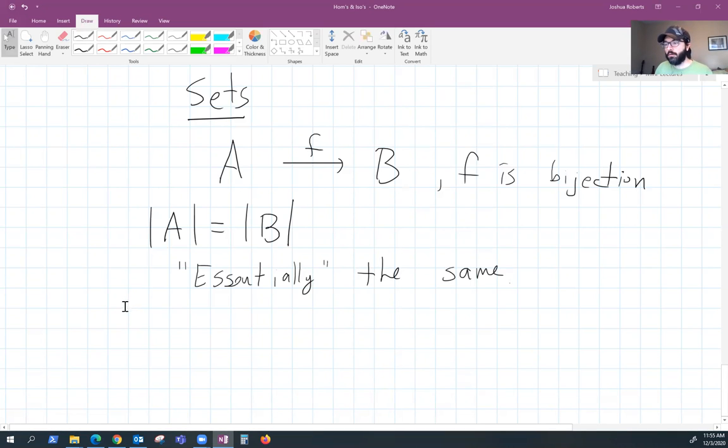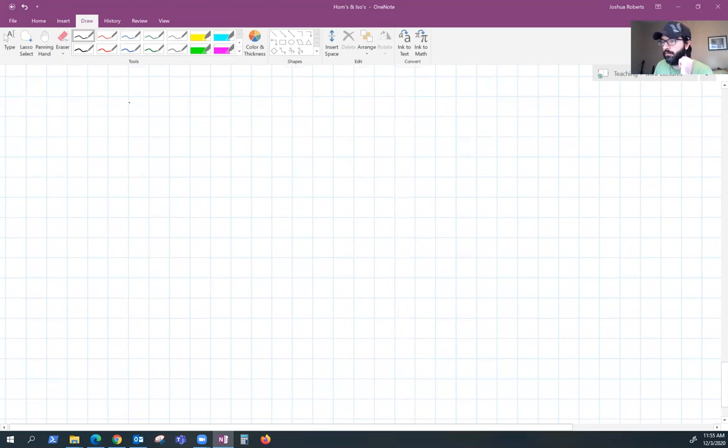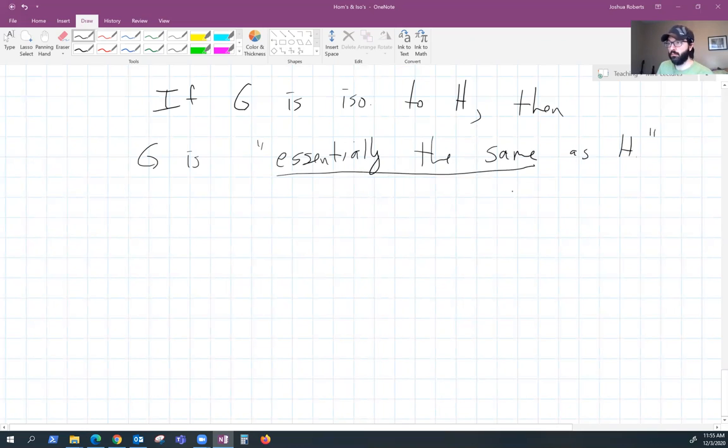Now, how would that work for groups? Well, an isomorphism. So if G is isomorphic to H, we want to be able to say that G is essentially the same as H. Now, what does essentially the same mean for groups?